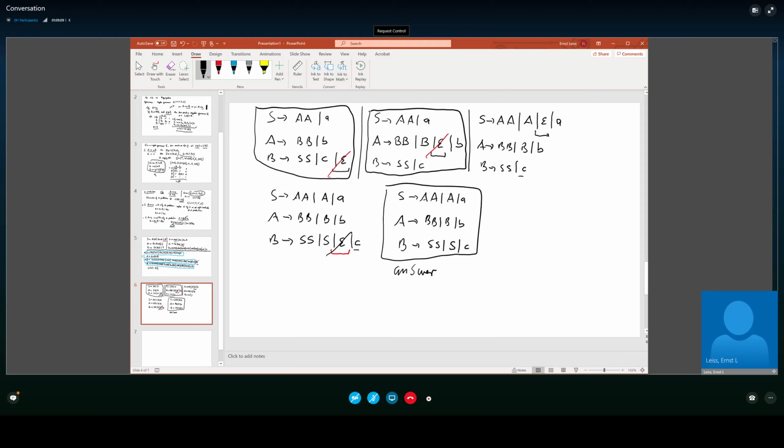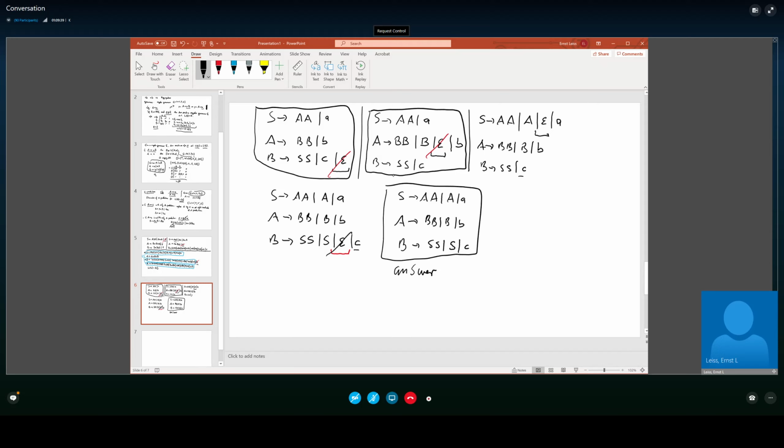We had to replace that BB systematically either by epsilon or not. So if we don't replace either of these two variables B by epsilon, then we stay with BB. If we replace one of the two, doesn't make any difference which one, because there's nothing in between, so we get one B, and if we replace both of them, we get epsilon.